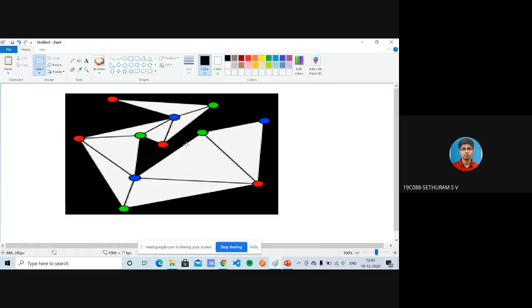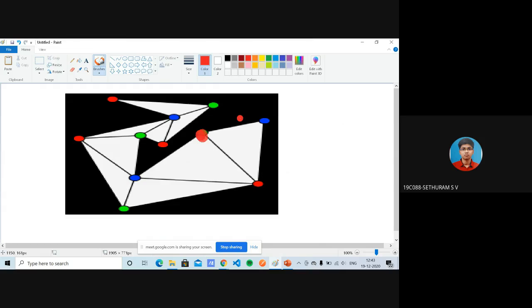So this polygon can be triangulated, and the concept of tricoloring is that any two adjacent vertices wouldn't share the same color. As you can see over here, red, blue, green. You cannot have, say, a red vertex over here, which would violate the concept.